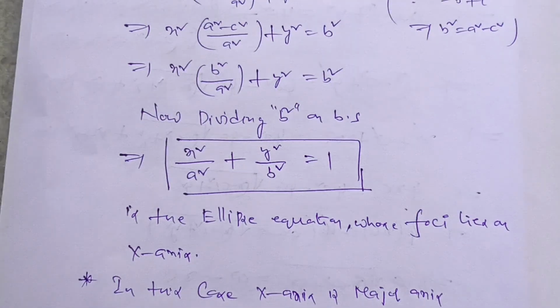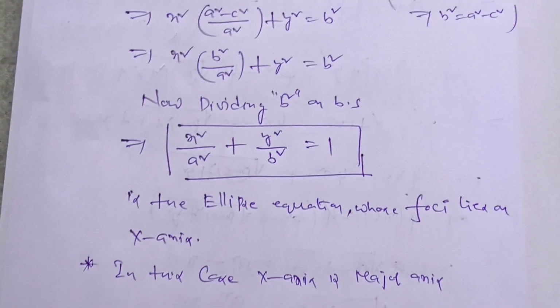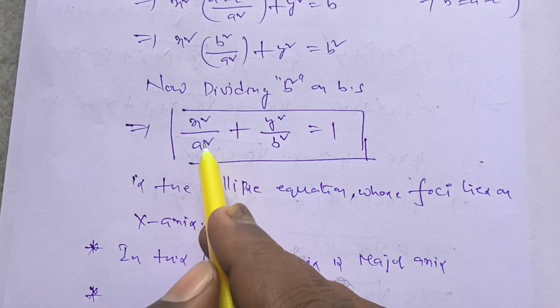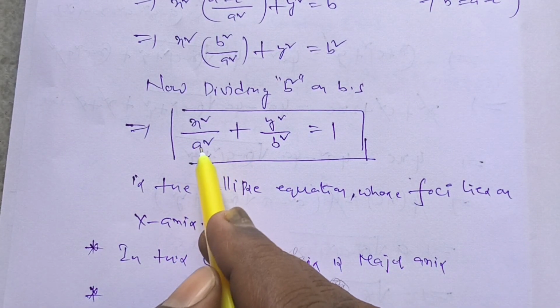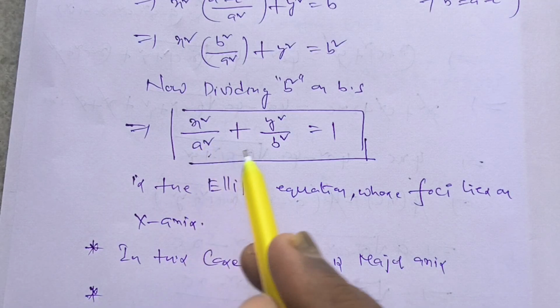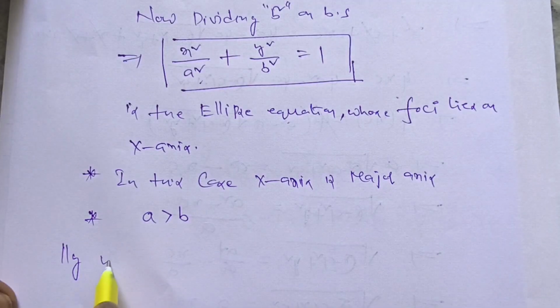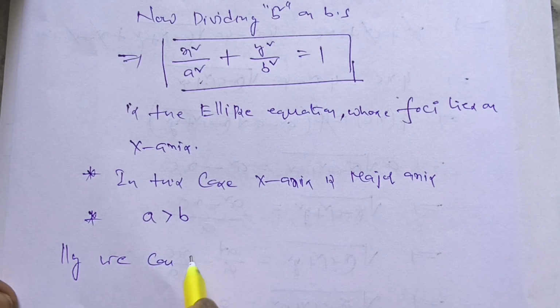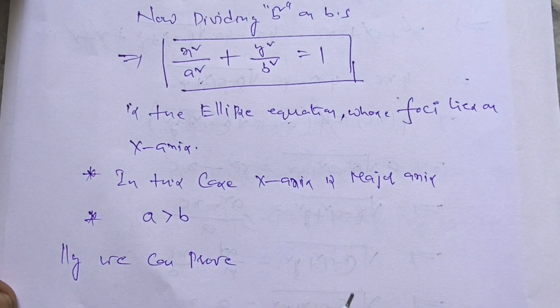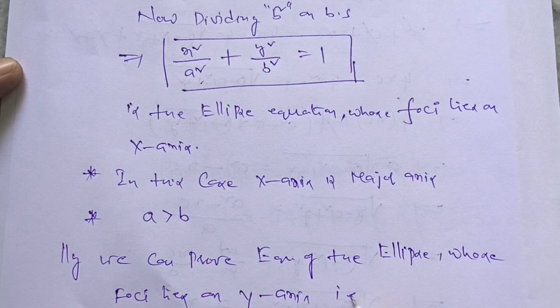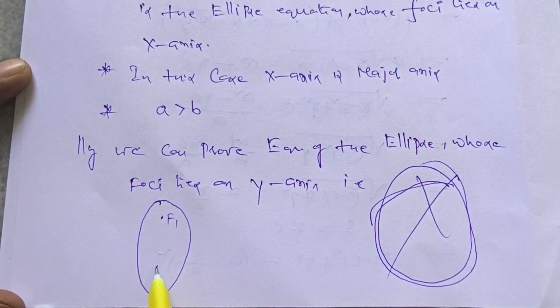Similarly, all of you try. Remember, in this case x-axis is the major axis. In this formula, the denominator of x square is greater than the denominator of y square.